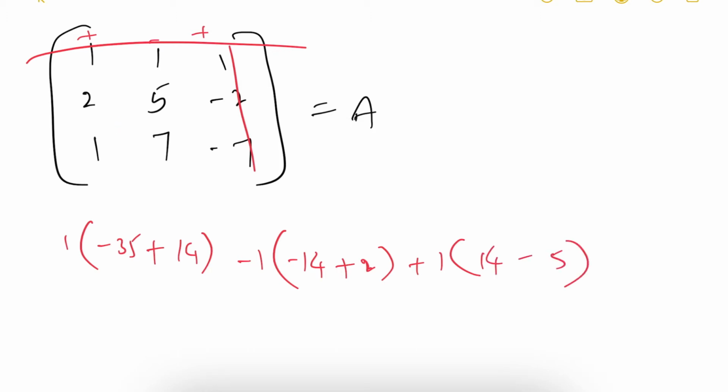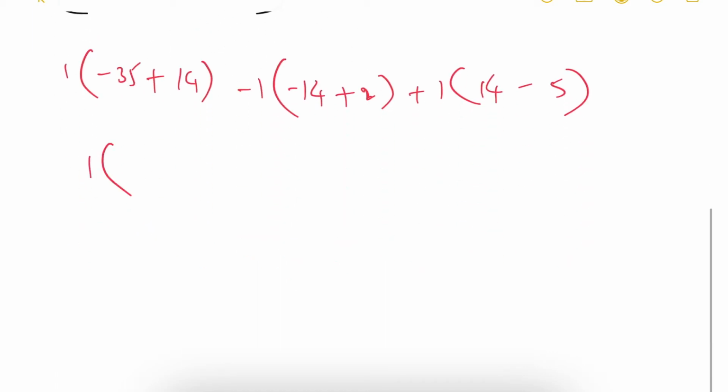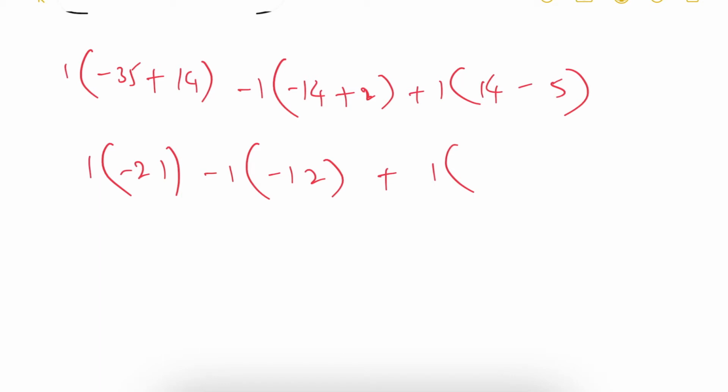Now if we simplify: 1 into 35 minus 14 is minus 21. Next, minus 1 into minus 14 plus 2 is minus 12, plus 1 into 14 minus 5 is 9. So minus 21, plus 12, plus 9 is plus 21. Minus 21 plus 21 equals 0.